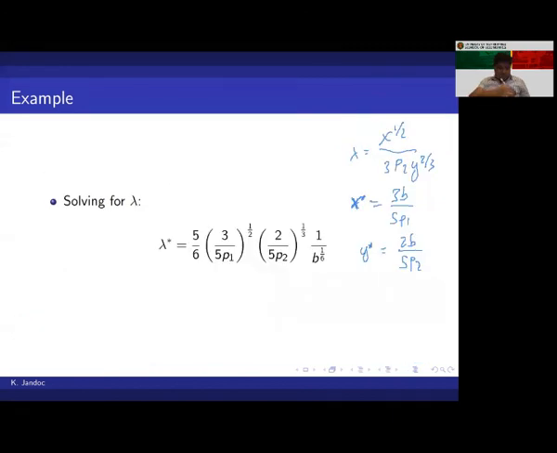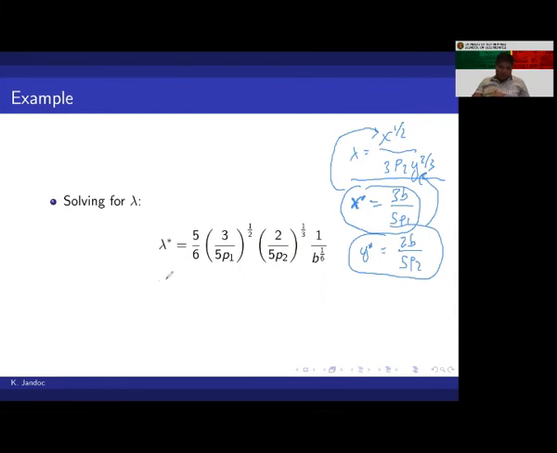Great. So from our previous slide, we have an expression for lambda. So lambda is equal to x raised to 1/2 divided by 3 times P2 y raised to 2/3. Okay, and so once you substitute x for this one, and then the y for this one, you can do it yourself, but you'll end up with lambda star.